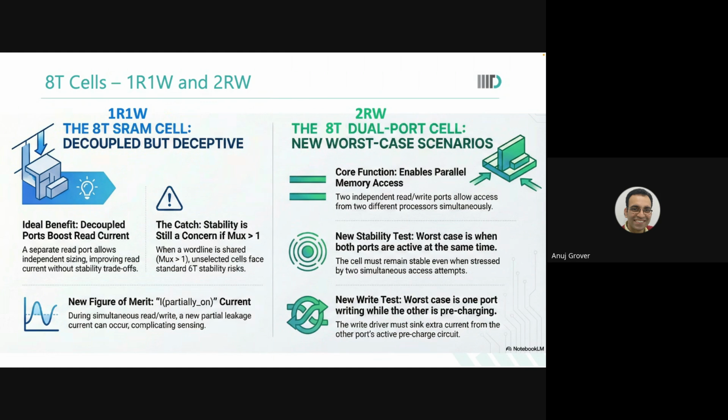Now, both will try to sink current from the same pull down, and it won't work. Are you able to see this? It won't work. So you do not want this Vx to be large. If this Vx is to be small, then this pull down over here has to be almost 2x the pull down of single port cell. Almost 2 times.